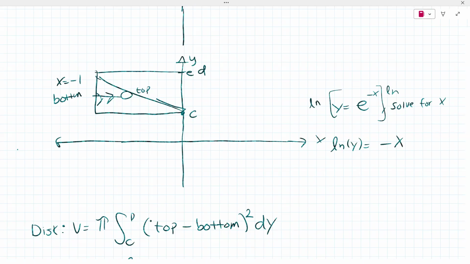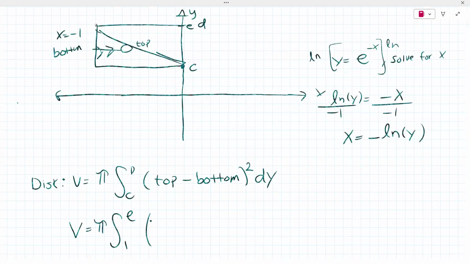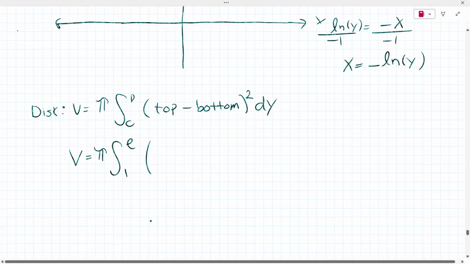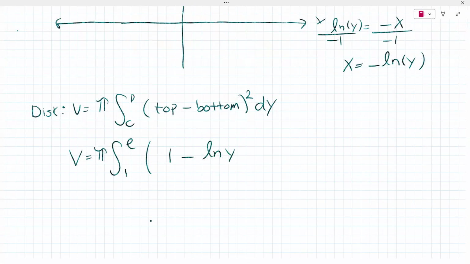So you're going to divide by -1, and x equals negative ln y. So it's going to be 1 minus ln of y squared dy.